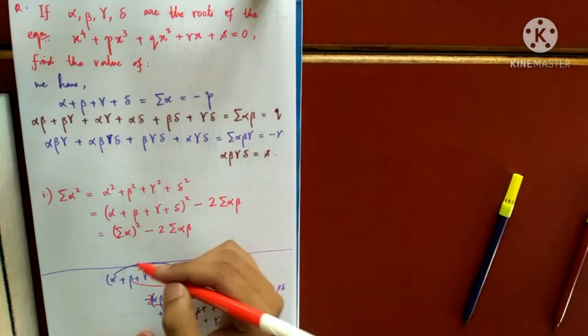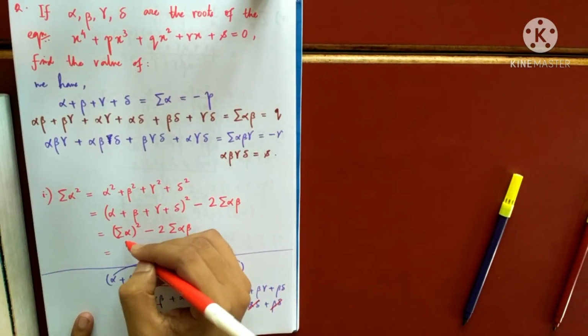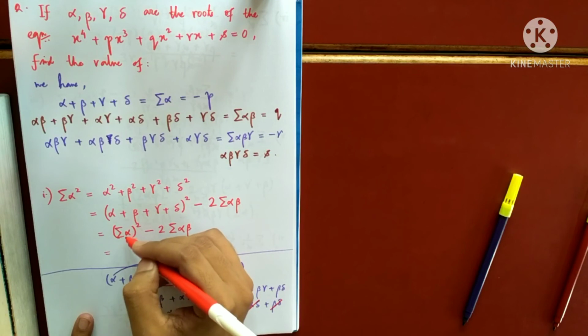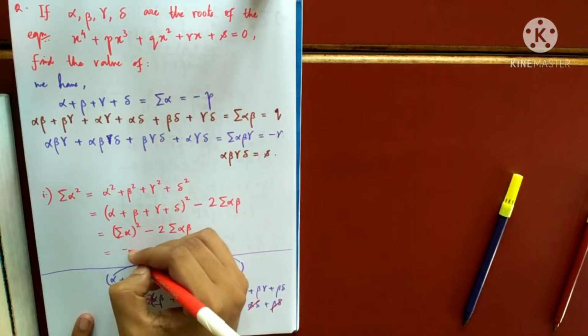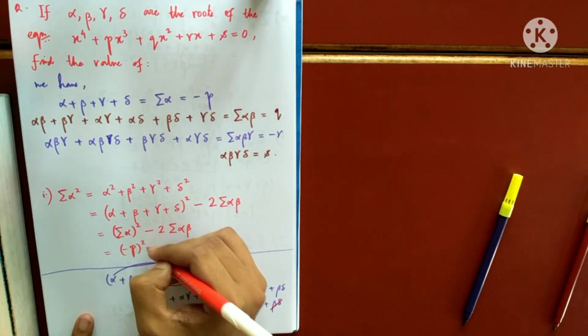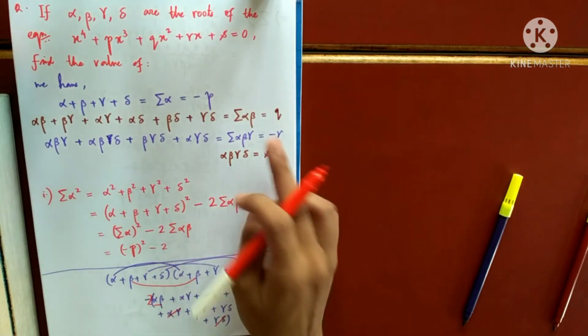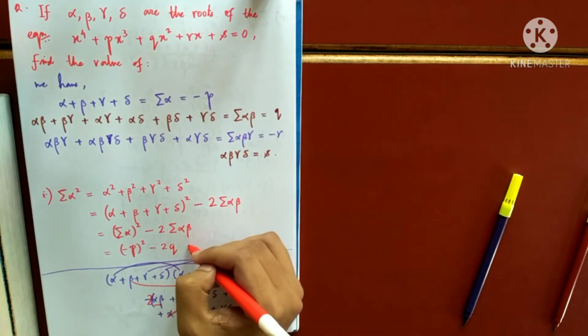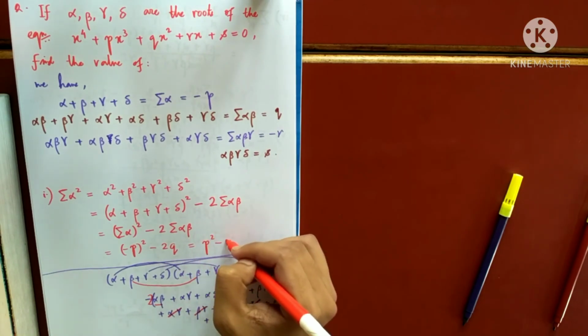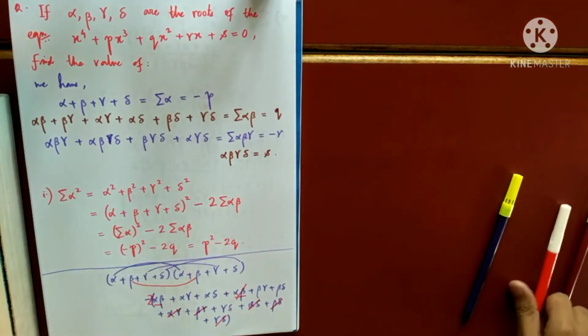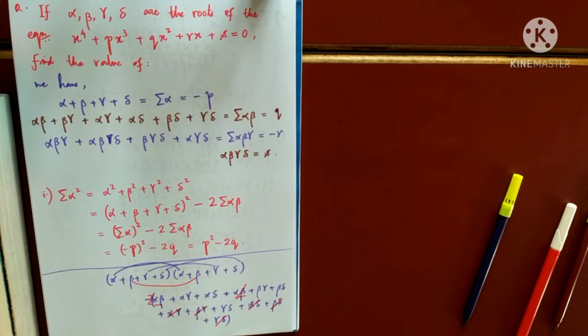So now what I have, I know the value of summation alpha, which is minus p, square, minus 2 summation alpha beta. What is summation alpha beta? I also know that is q. So my answer is p square minus 2q. Okay, p square minus 2q. Okay, good enough.